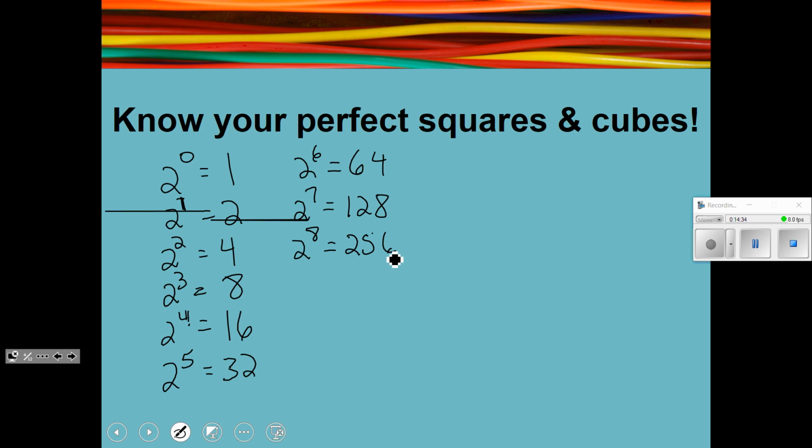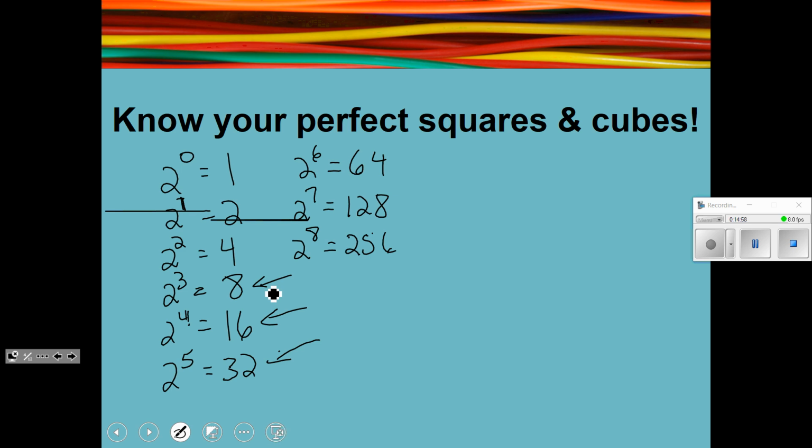Because I see this one used a whole lot, and I see that one used a whole lot. I also see that used a whole lot. So you need to make sure you know, you got to be able to take 32. When I see 32, I think, oh, that can be written as 2 to the fifth. I'm not going to give you 2 to the 5th and say, what is it? I'm going to give you the number 32, and you're going to have to write it as an exponent.